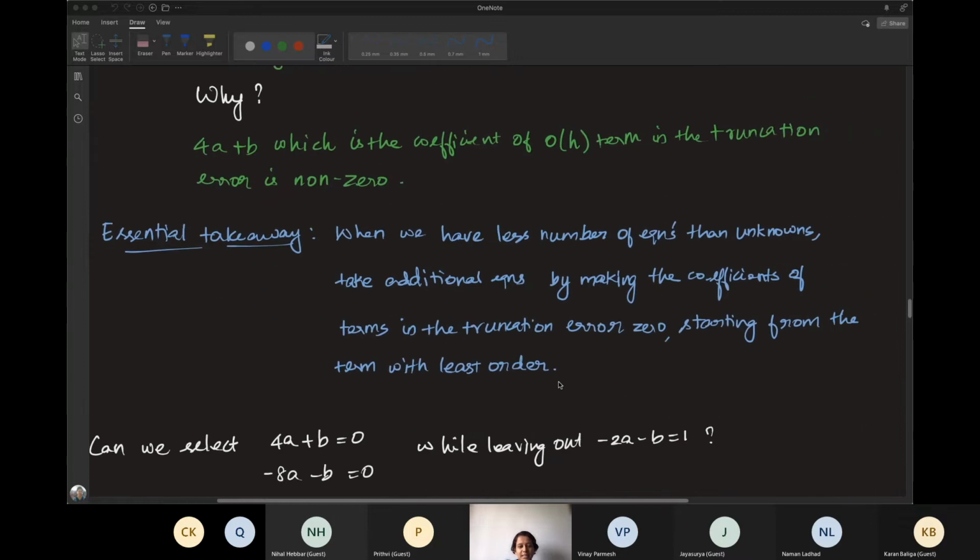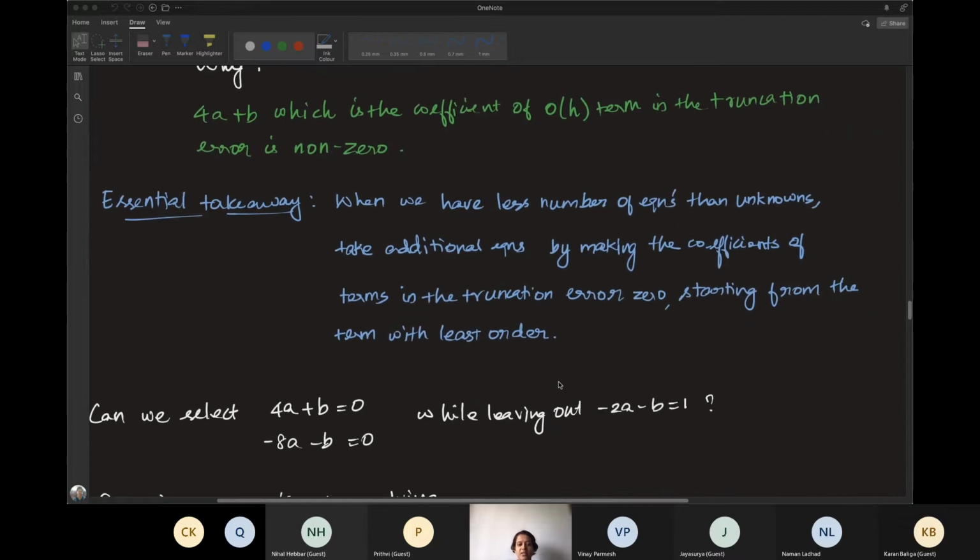So the thing that we need to take away from here is the following. When the number of equations is less than the number of unknowns, then we can always take additional equations by making the coefficients of the next least order terms zero. We go about it for the higher order terms, but out of those higher order terms we consider the least order term and make its coefficient 0.